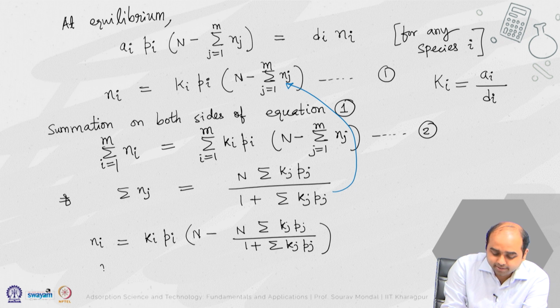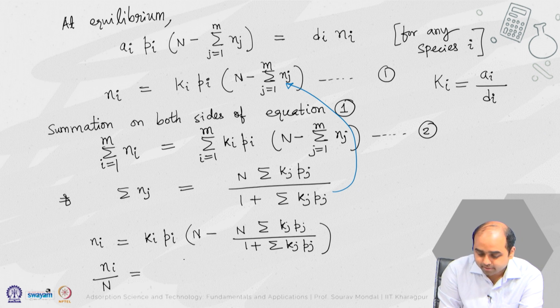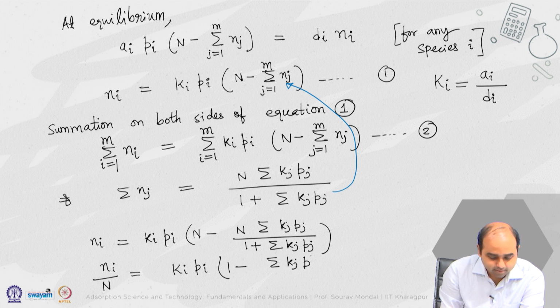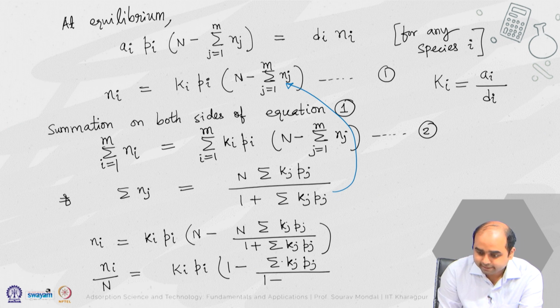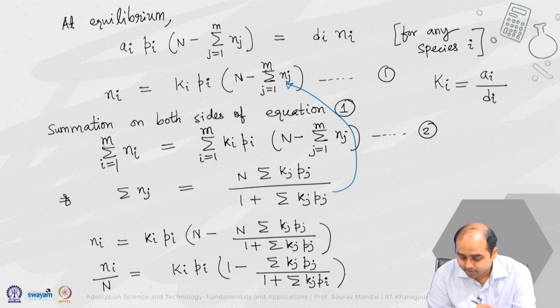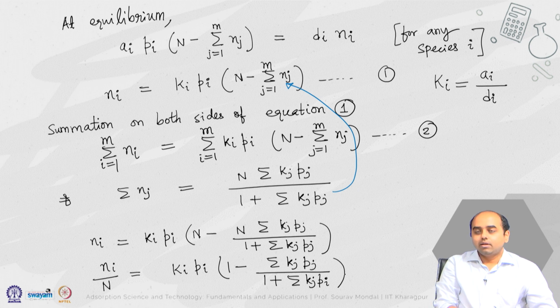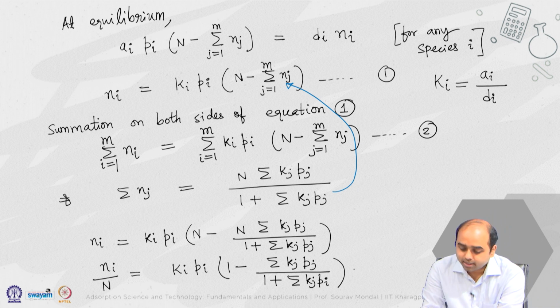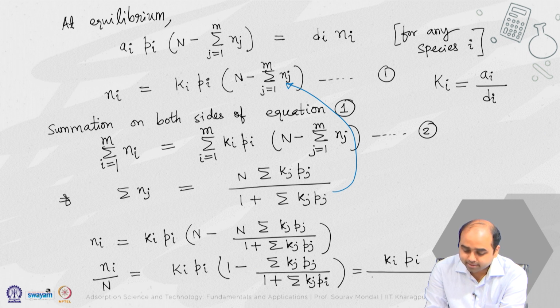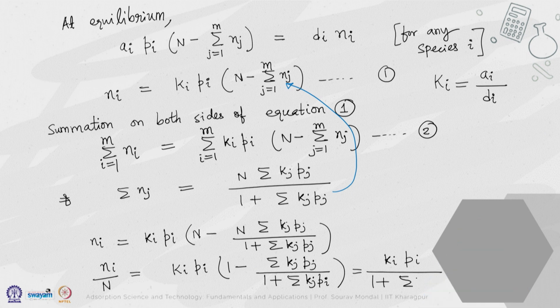Now, I can divide Ni by capital N as Ki Pi into 1 minus the summation, and this is nothing but equal to Ki Pi divided by 1 plus the summation.